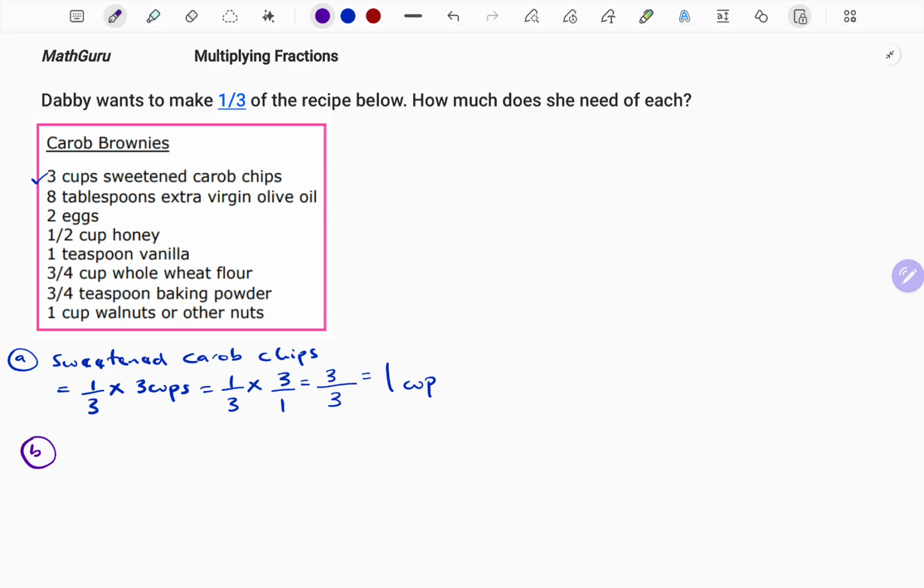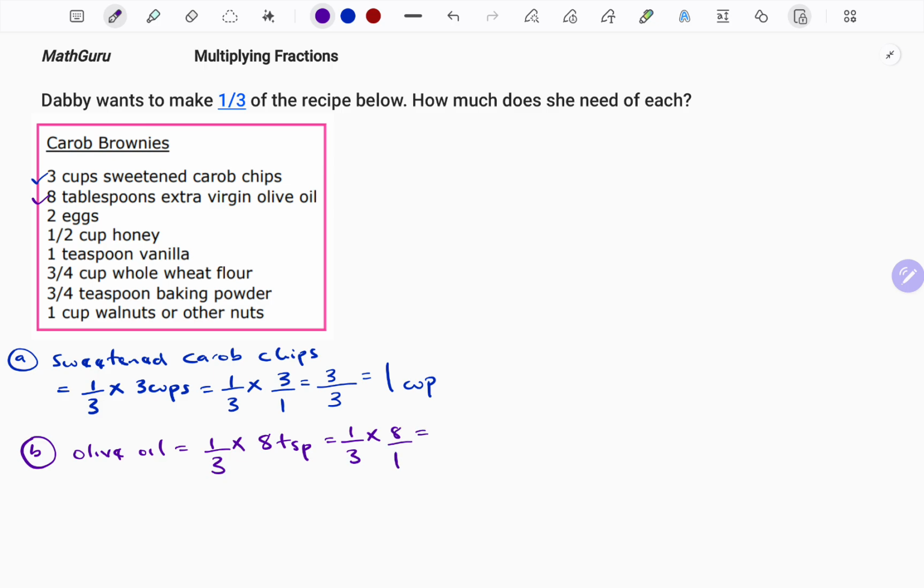For B, I have 8 teaspoons extra virgin olive oil. So I have olive oil. I need a third of that, so 1 over 3 times 8 teaspoons. I'll use TSP as my abbreviation for teaspoon, and that is equal to 1 over 3 times 8 over 1.